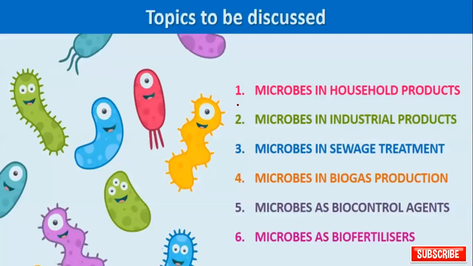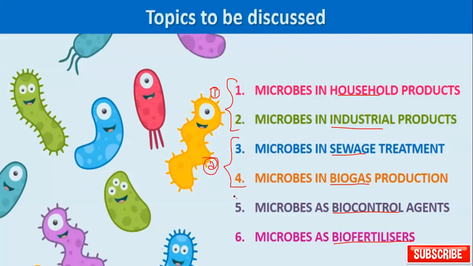This chapter is mainly divided into 6 topics: microbes as household products, microbes in industrial products, microbes in sewage treatment, microbes in biogas production, microbes as biocontrol agents, and lastly, microbes as biofertilizers. Topics 1 and 2 are included in lecture number 1, sewage treatment and biogas production in lecture number 2, and biocontrol agents and biofertilizers in lecture number 3, which will be followed by the MCQ section.